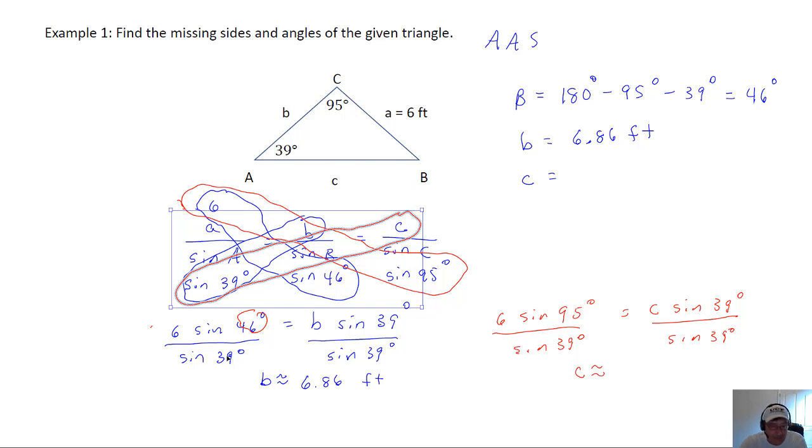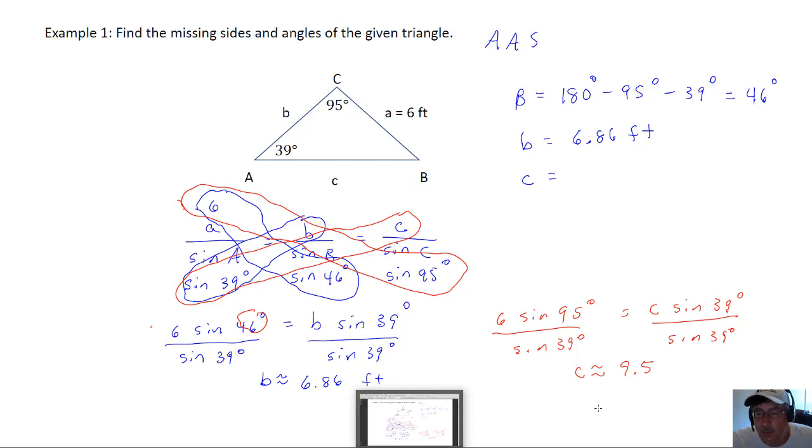So you won't have to keep typing that whole answer in. So let's do it. Take a pause here, see if you get C correct. All right, so I ended up getting side C here equals 9.5, and all I had to do was replace the 46 with a 95 there. So it's going to save you some time.